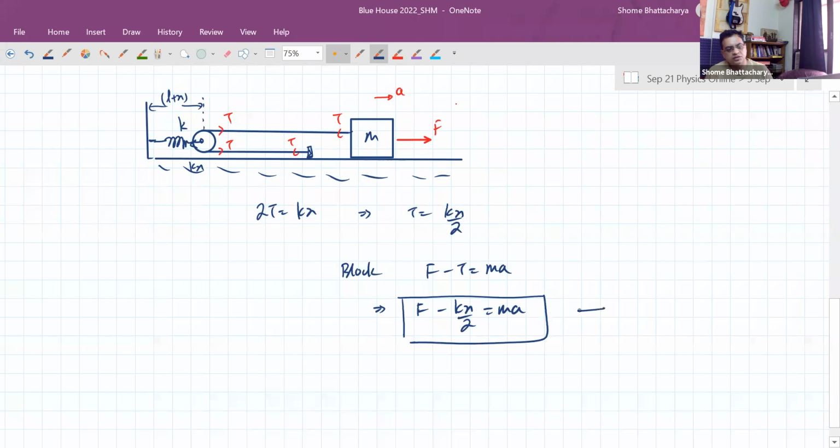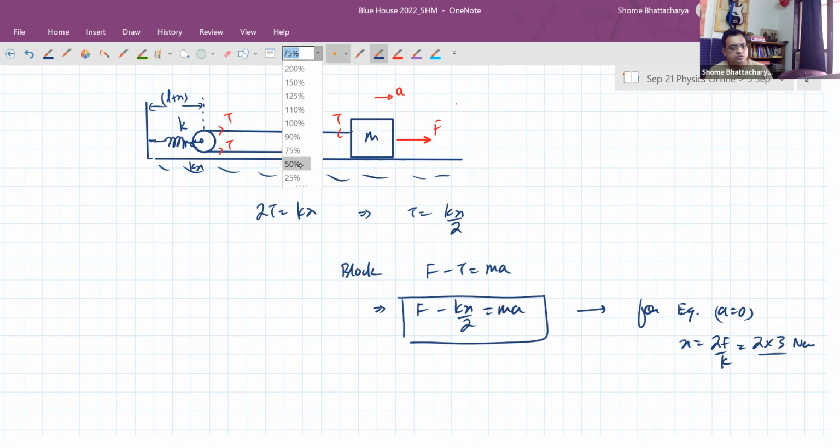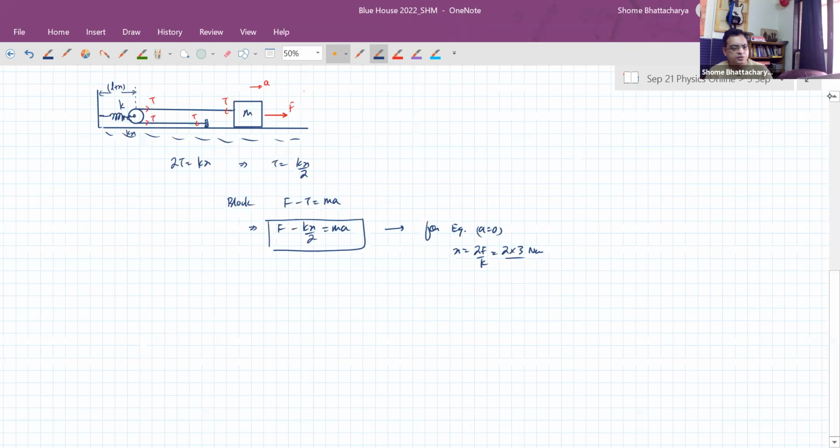So first of all, you can see that for equilibrium, x has to be equal to 2F by k. And k was how much? It was 4 newtons per centimeter, right?